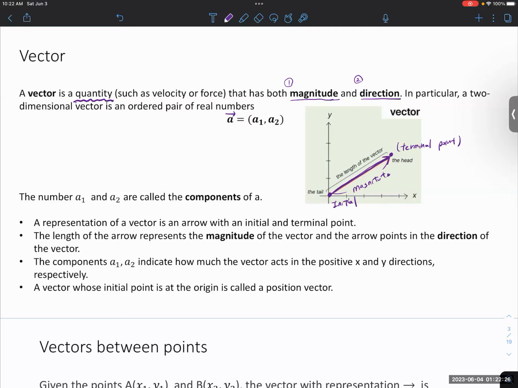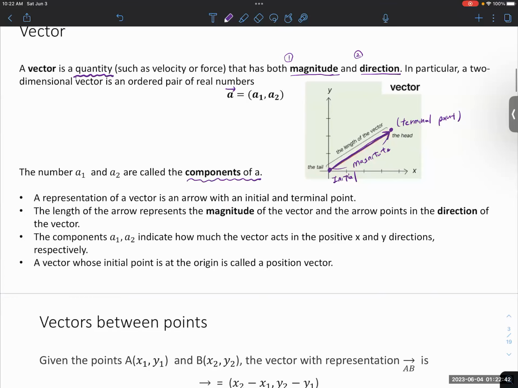If you find out the vector, we call x1 and x2 the components of A. Okay, so the following statements are a couple of characteristics of a vector. It sounds a little bit abstract, but I actually wrote down all the characteristics for your better understanding of vectors.